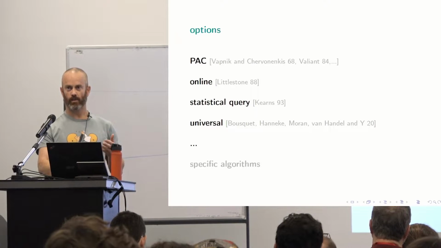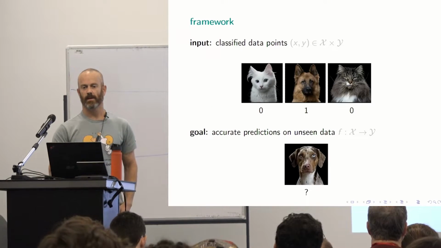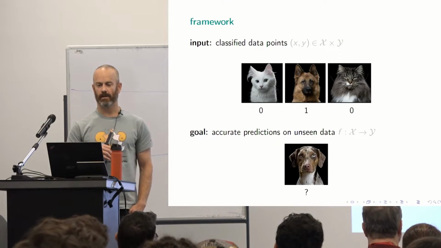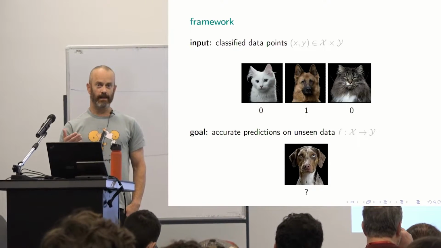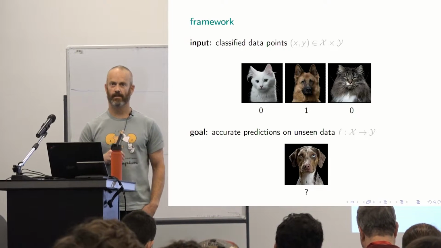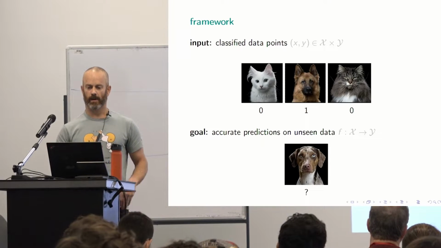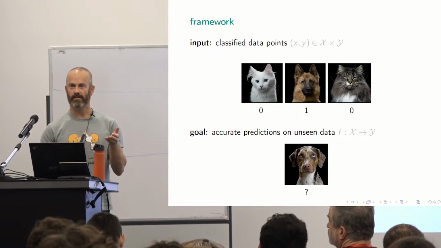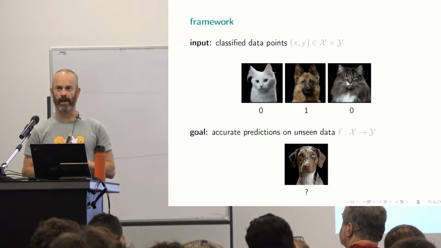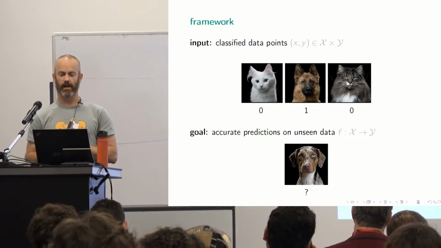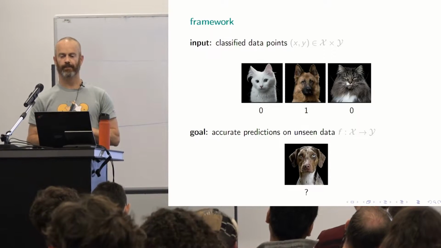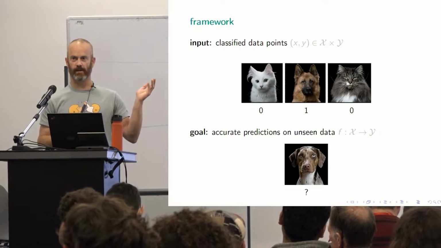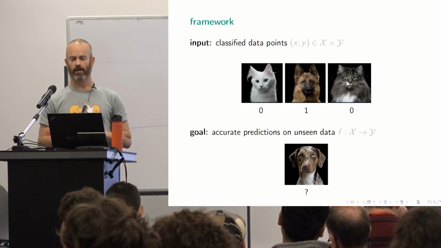And I want to just introduce some symbols. The type of data we are going to deal with, the data points we get as people who try to learn, are points of the form x and y. x is an element in some domain. In this example, x is a picture, and y is the label of the picture. In this case, it is 0 or 1.